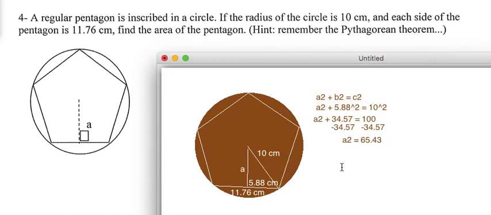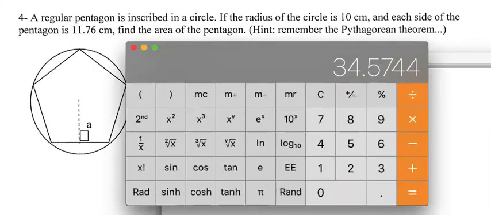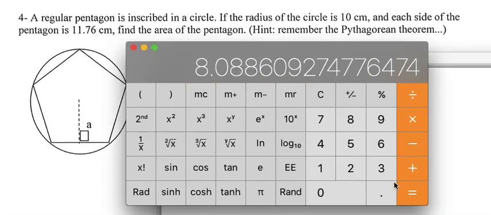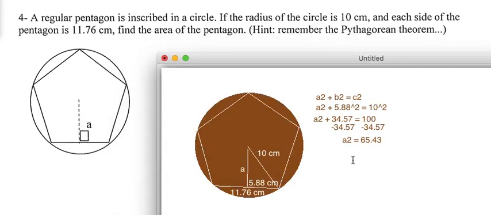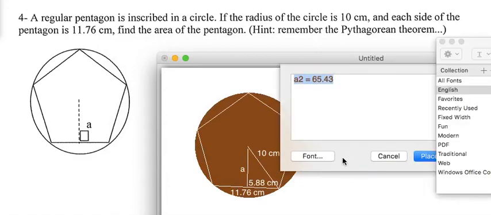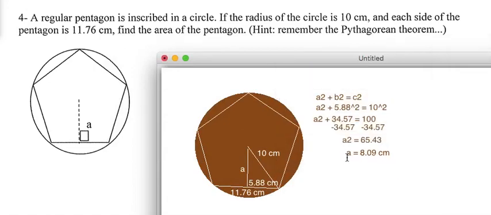And now to find out what A is, I just have to square root 65.43. And once I do that, I'll have my apothem, 8.09, if I'm rounding it properly. So A is roughly equal to 8.09 centimeters.